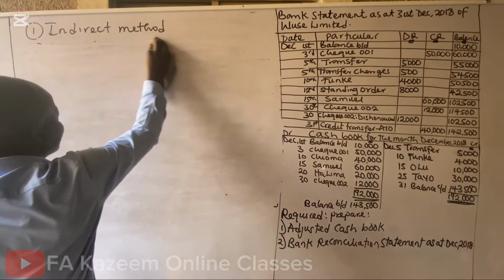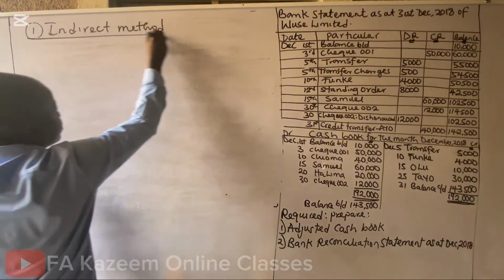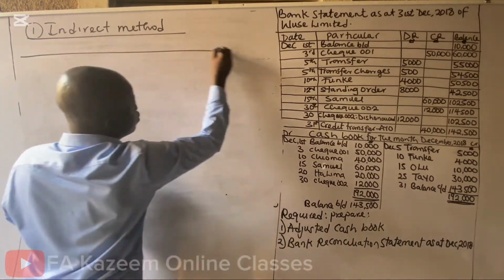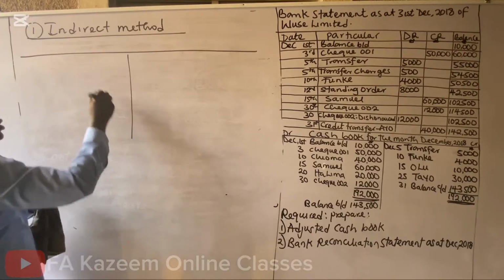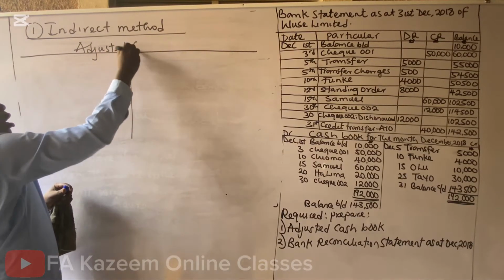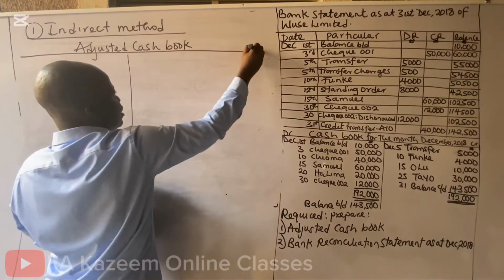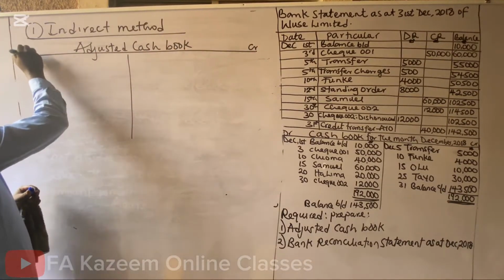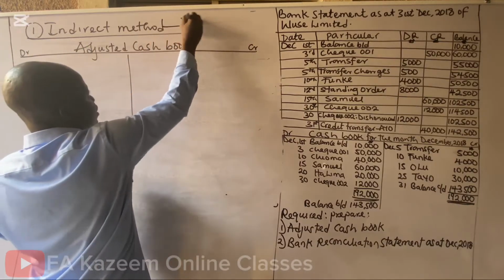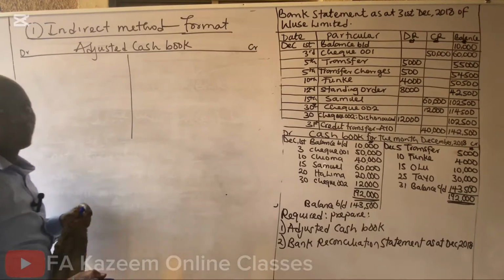Under the indirect method, which is the first one we want to look at, of preparing bank reconciliation, the first thing we are going to prepare is the adjusted cash book. That's the format of the indirect method.